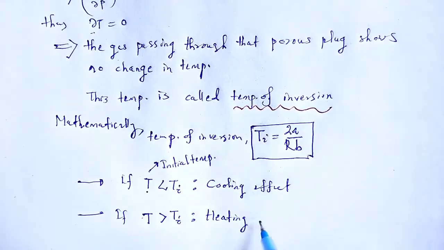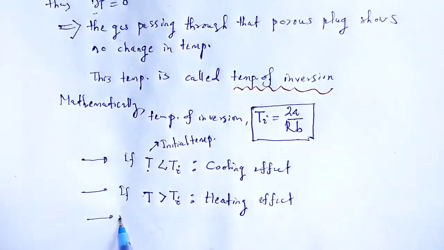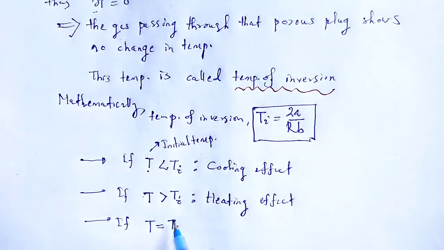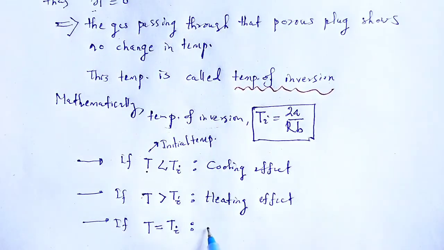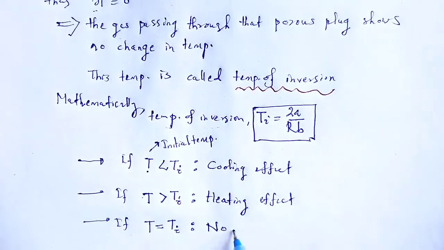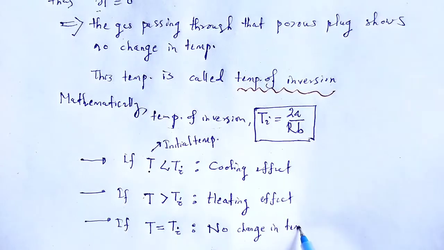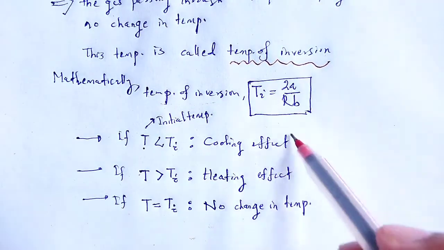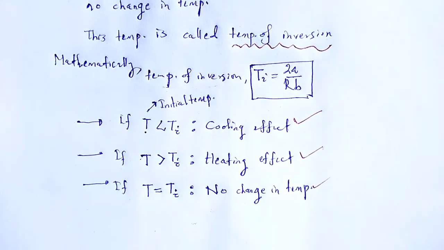Heating effect is observed, and if the initial temperature is equal to the temperature of inversion, then we observe no change in temperature. So, here we get cooling effect, heating effect, then no change in temperature.